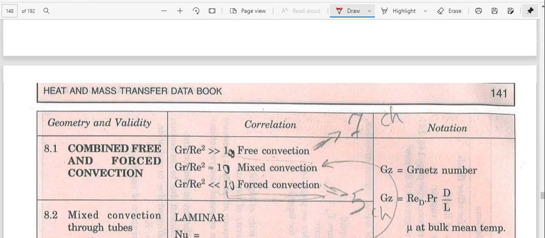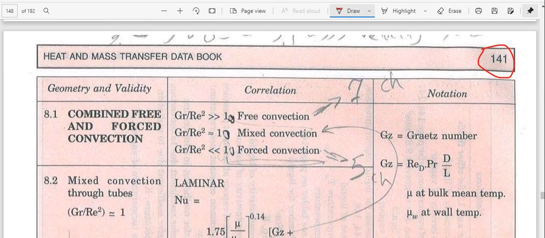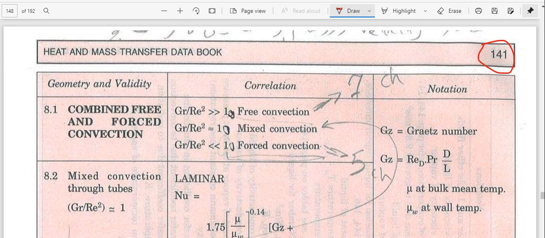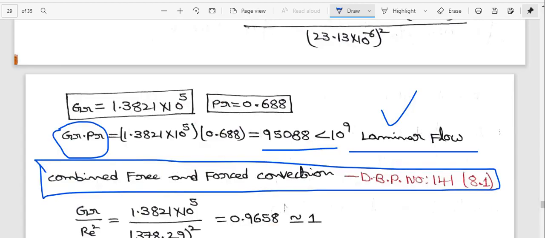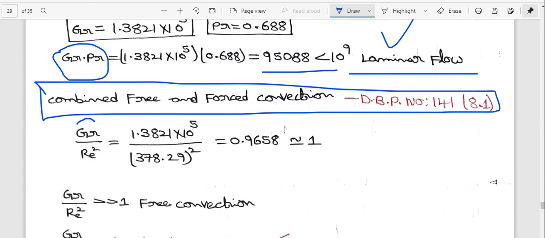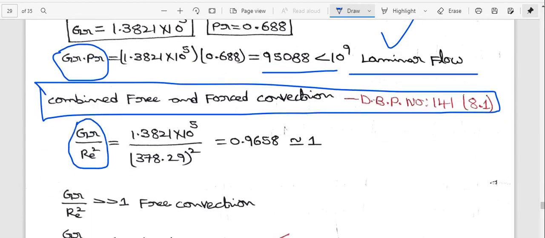On data book page number 141, if the Grashof number by Reynolds number squared is greater than 1, it is free convection. If Gr by Reynolds number squared is much less than 1, it is forced convection, and if it is comparable to one, that is mixed convection. Now we need to calculate the Gr by Re squared value.